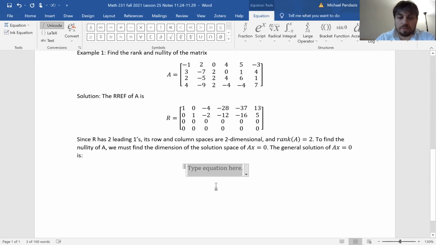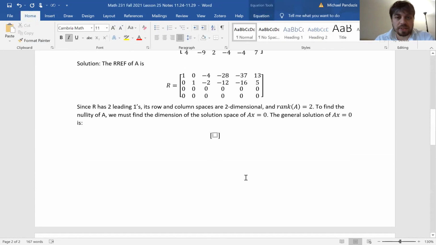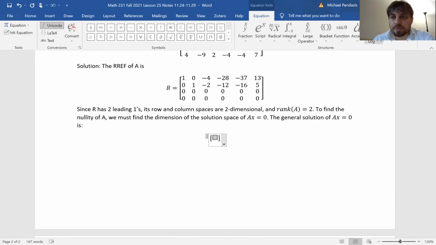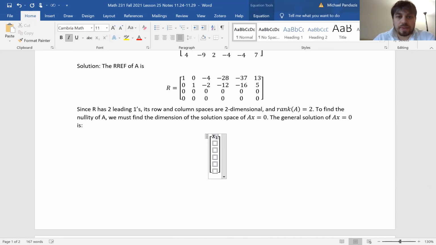We have our solution vector x1, x2, x3, x4, x5, and x6.